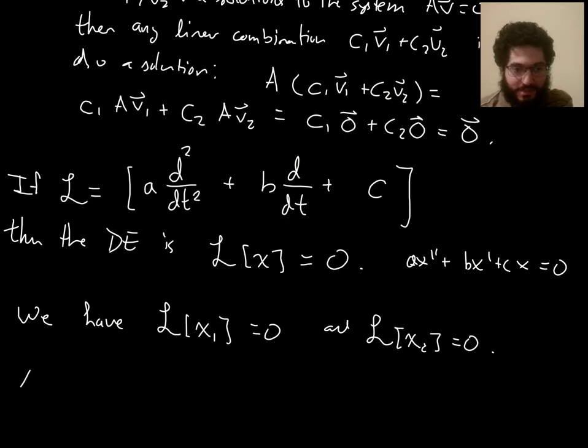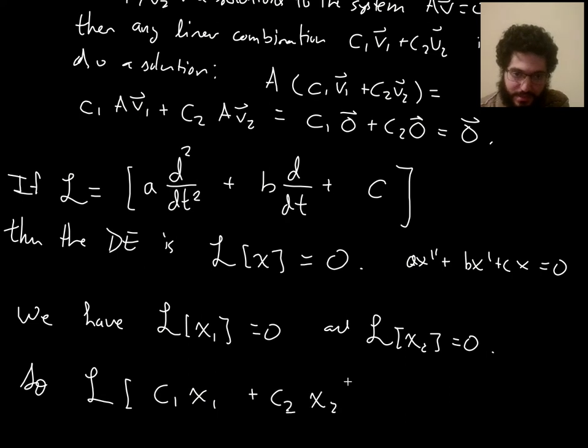But L is linear. So L applied to any linear combination of these vectors, functions, any linear combination will be 0. For the same reason that it happened up here. L will just simply distribute over the linear combination, and then you'll get C1 Lx1 plus C2 Lx2. And since Lx1 and Lx2 are the 0 function, overall, when you take the linear combination of 2 zeros, you'll get 0.